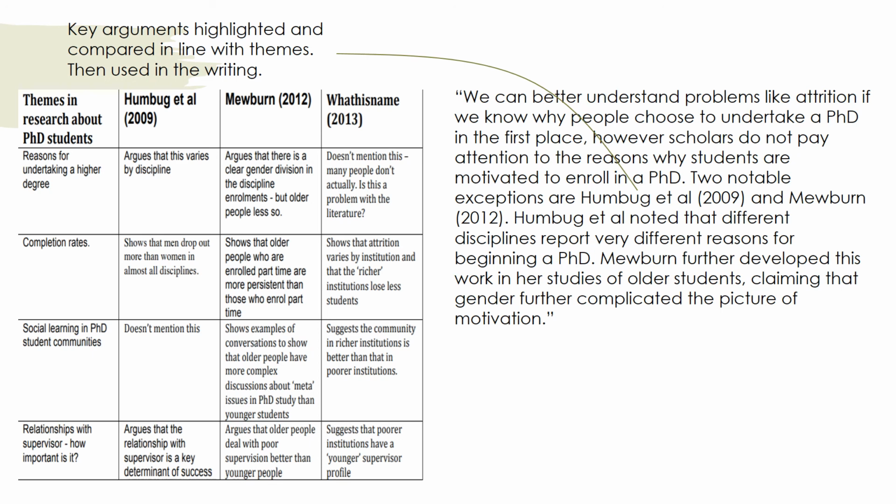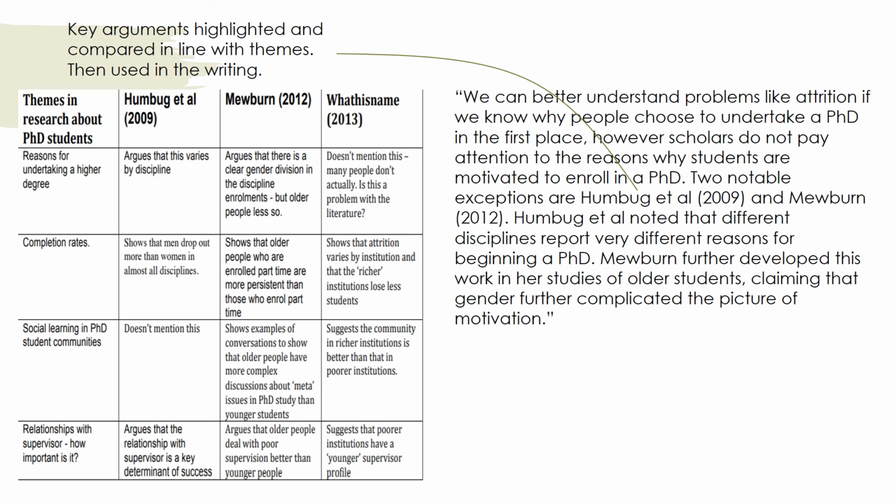So what they've done is they've taken their themes and they've started looking at their research and connecting the research to the themes they want to write about. So, for example, we look at this section on the amount of research that talks about people completing PhD programs.